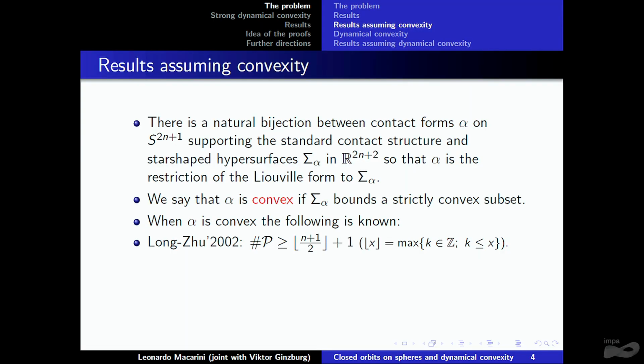A remarkable result due to Long and Zhu shows that for convex contact forms, you have this bound. Okay, so you have at least the floor of (n+1)/2 plus 1 periodic orbits for convex contact forms, in any dimension.